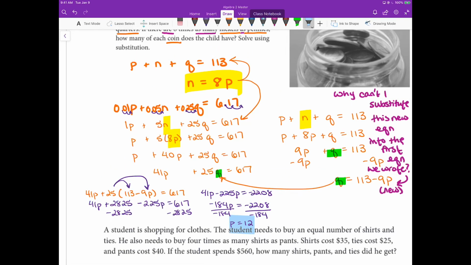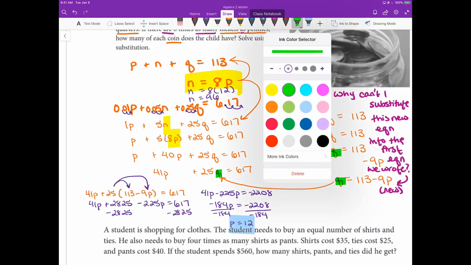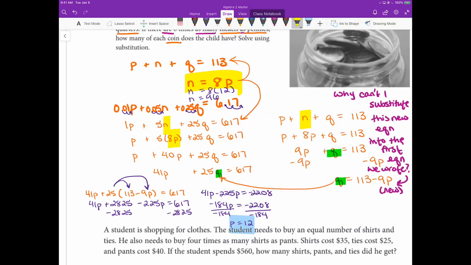But now we can substitute it into these equations that are easy to solve for. So we see that n is 8 times 12. So there are 96 nickels. And then let's find out how many quarters there are.